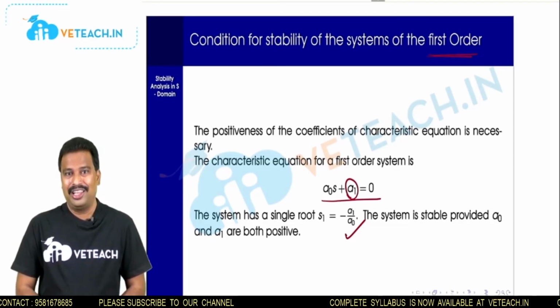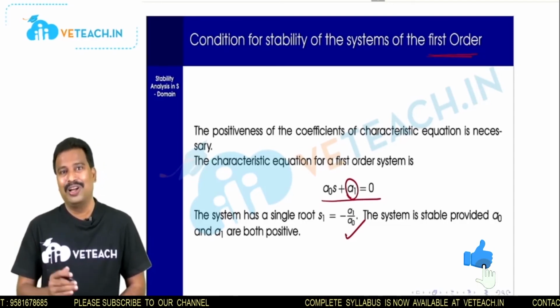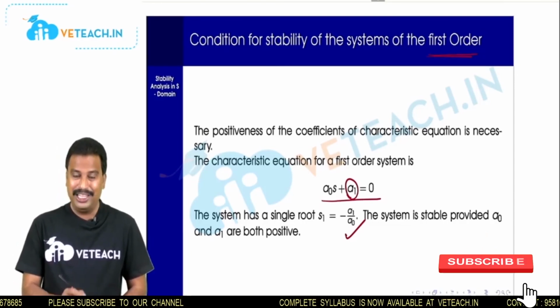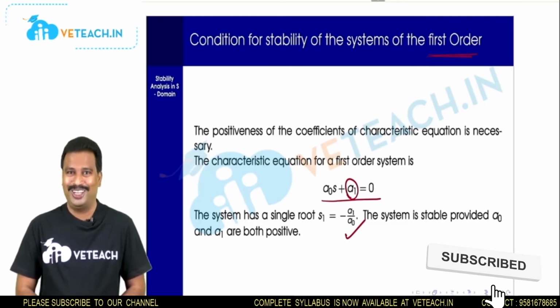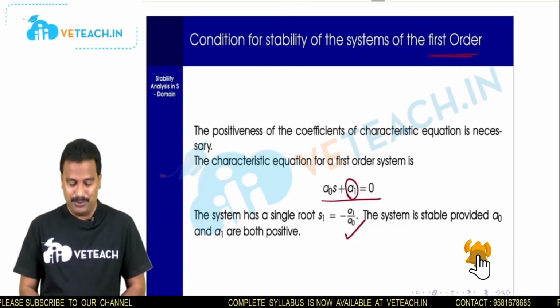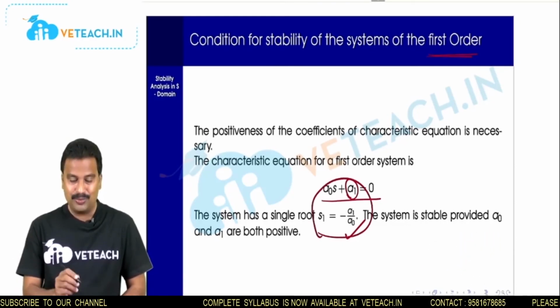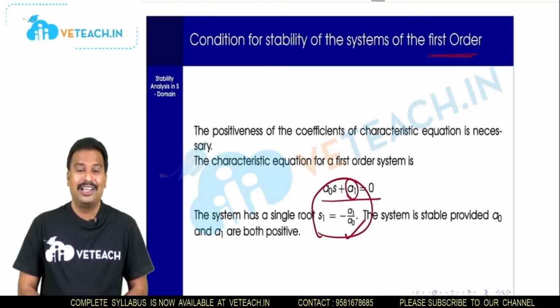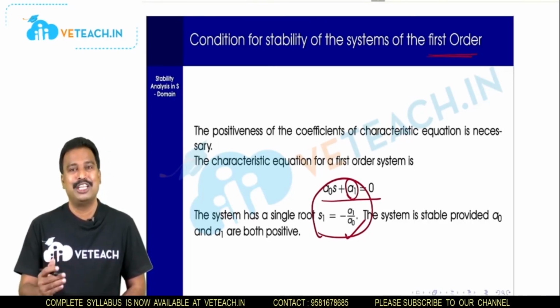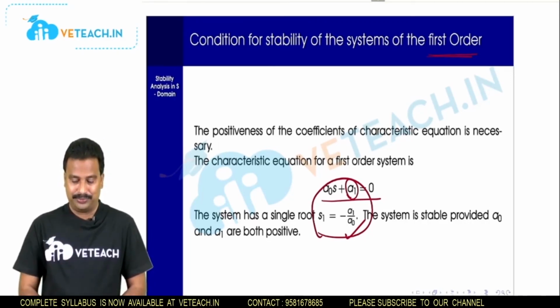If not, if a1 is a negative value, then I will get s1 as a positive value. So depending upon this s1 value, we can say that the system may be stable or unstable.